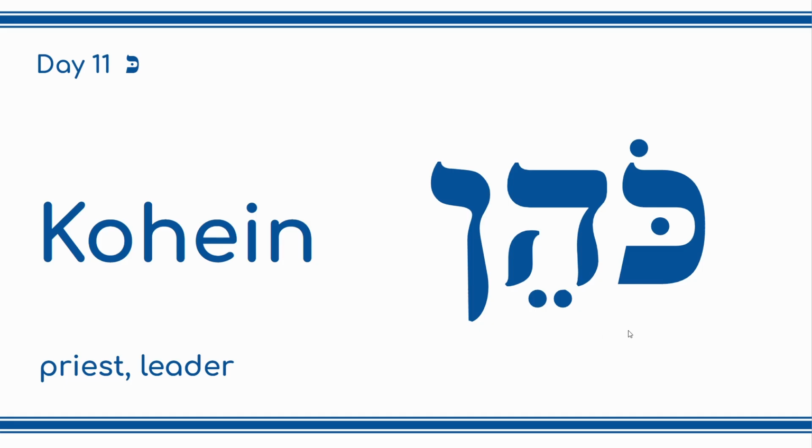And if it's tied to religious purposes, such as sacrifices or temples and things like that, then it means priest. So that's usually how you can tell when it means priest or leader. For example, Moses' father-in-law, many of the time in the Bible, is translated as he was a priest in Midian, but it could also mean he was a leader or a chief in Midian.